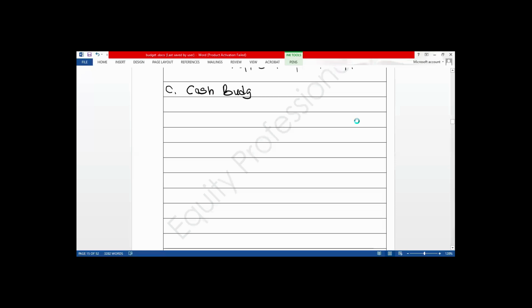Create a space. Then we have after the cash outflows. Create a space. Now let's go to question.